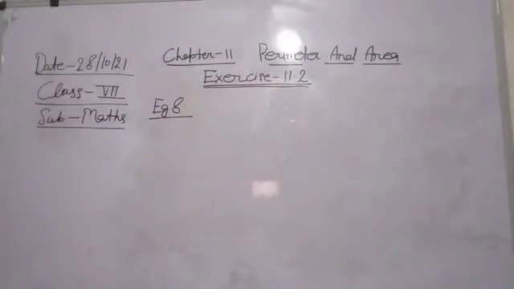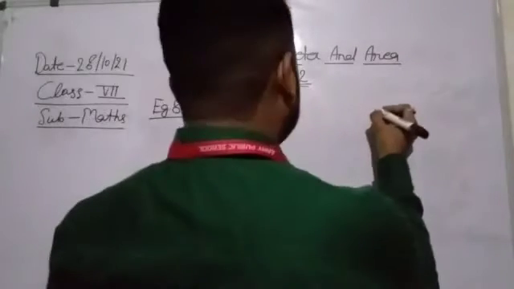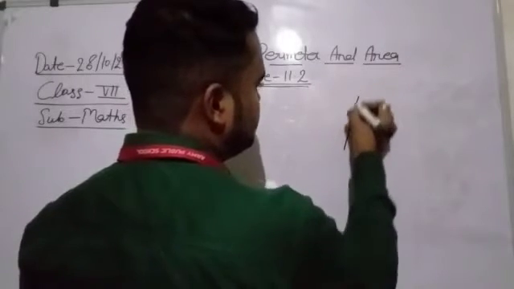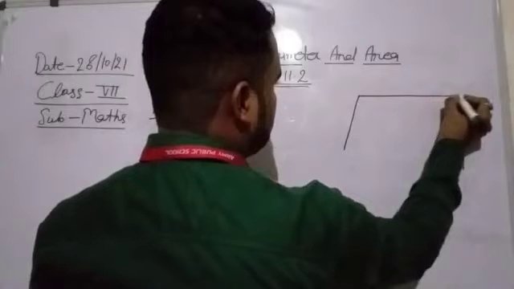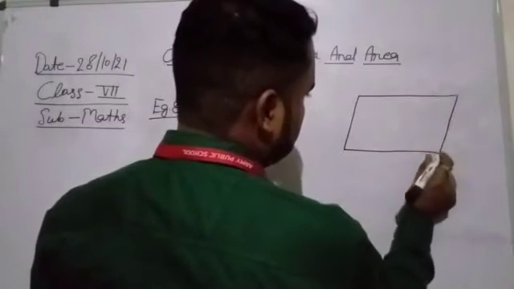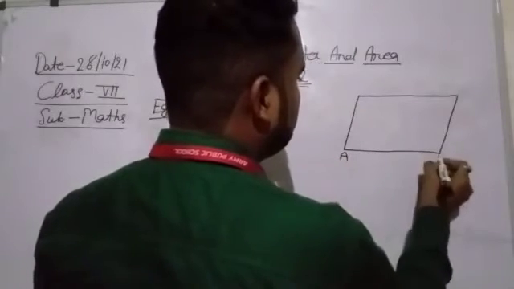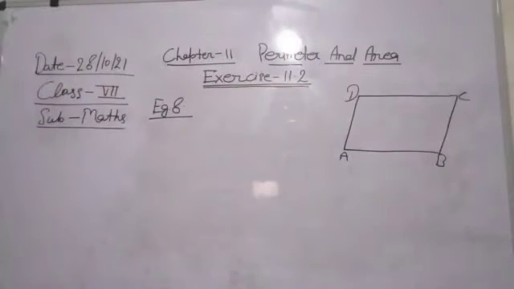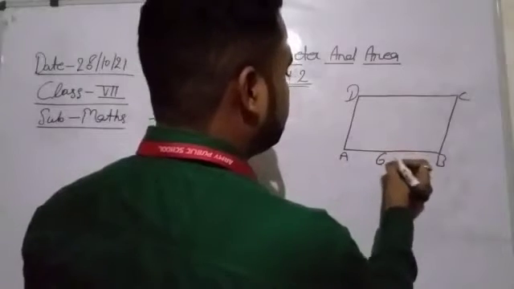And what is the example? In this example, there is a parallelogram ABCD, and the measurement of the sides are 6 centimeter and 4 centimeter respectively.